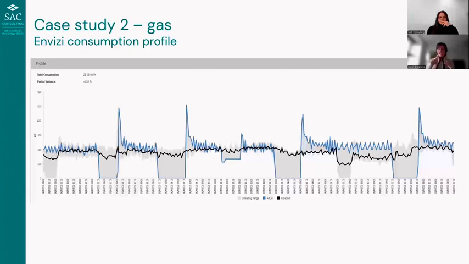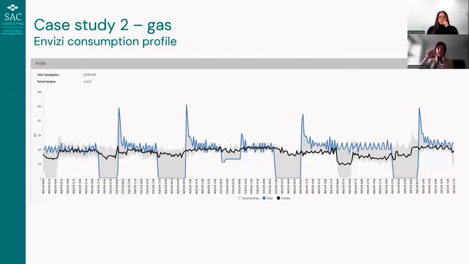You can also see the spike in the consumption every single time the boilers came back on. So what we feared would contribute to an overall increased consumption, we can see that it's there, but it's just for the first half an hour, and then it goes to normal operation. Another thing that Envisi was able to provide us with is your expected profile.